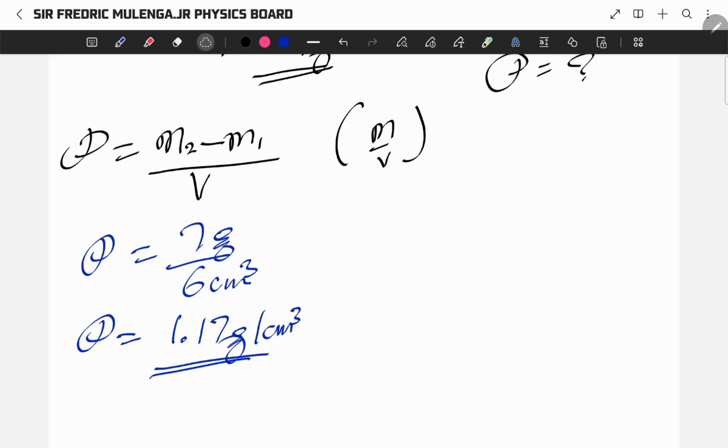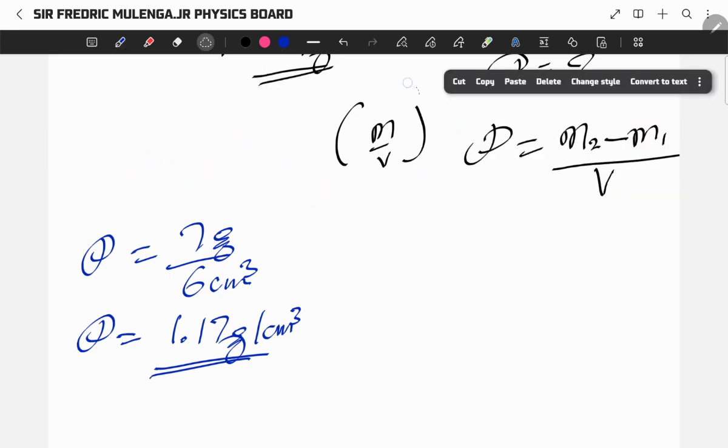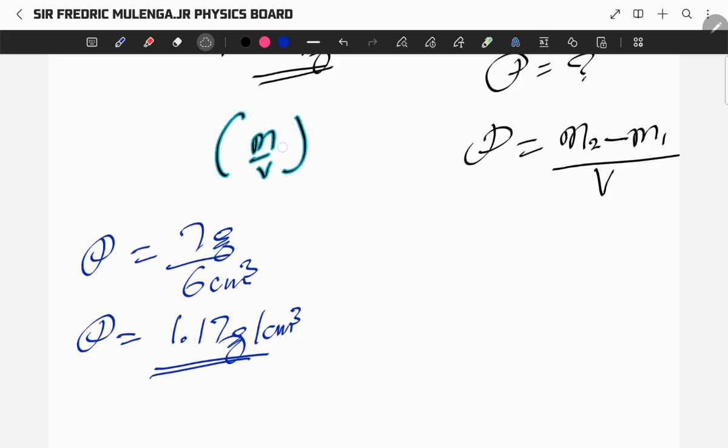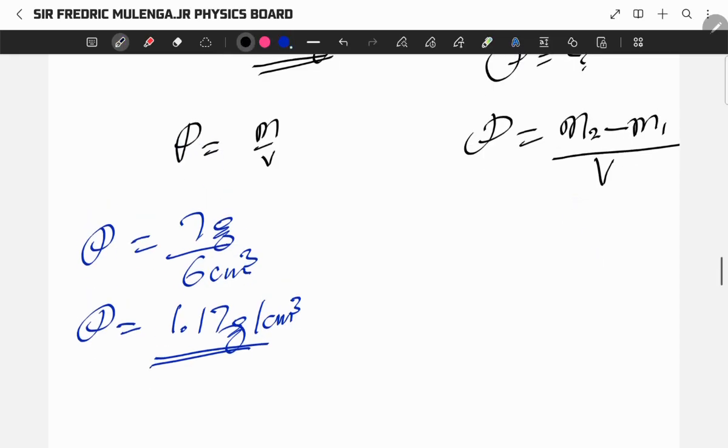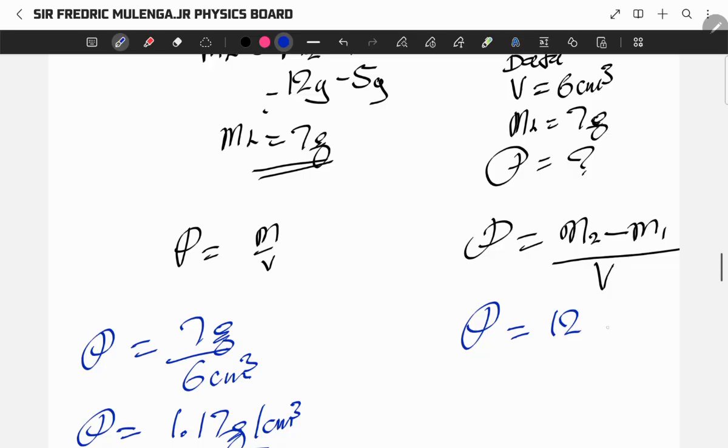Okay, if you want to use this formula as well, you just go ahead and do it directly. In this one we'll write it the way it is. Mass 2, which we found was 12, minus mass 1, which we found was 5, over volume, which is 6.